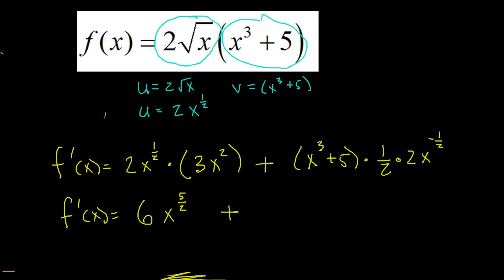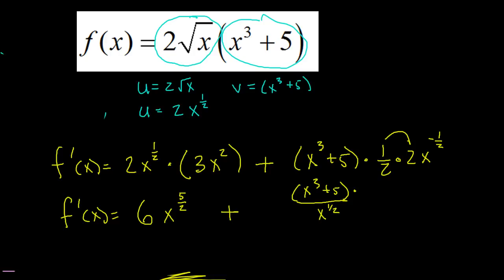Plus, now back here, let's see here. This may take me a couple steps to clean up. First, I got x cubed plus 5. Then I got 1/2 times 2. Well, that's just 1. I don't even need to write that. And then remember, I don't like negative exponents, so I'm actually going to move that to the entire bottom, where it's x to the positive 1/2.